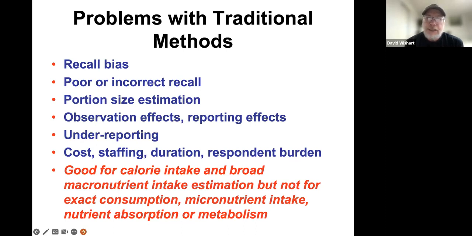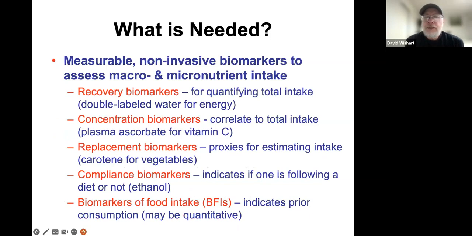Typically, what we found is that standard FFQs and others are good for calorie intake and broad macronutrient intake estimation, but not for getting exact consumption, not for understanding the micronutrient intake, or understanding the effects of nutrient absorption or metabolism. So what people have been moving more and more towards is the idea of finding measurable, relatively non-invasive biomarkers to assess both macro and micronutrient intake.